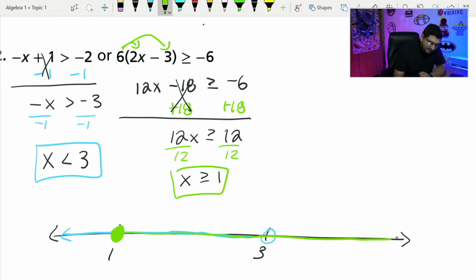And again, here we have something interesting, because x is actually allowed to be any number on the number line. X is allowed to be any number that's smaller than 3, but x is also allowed to be any number that's greater than or equal to 1.